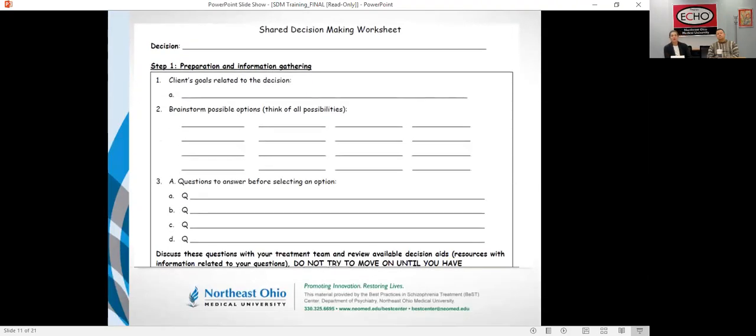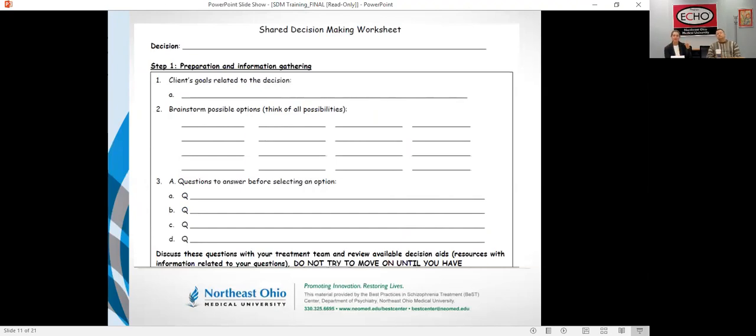So there are a number of resources that are available. This is the shared decision-making worksheet that's included in our first program materials, on the treatment of patients who were just recently diagnosed with schizophrenia. As you can see, it includes the decision that needs to be made, the goals related to the decision, brainstorming of the options, and then the questions that need to be answered.